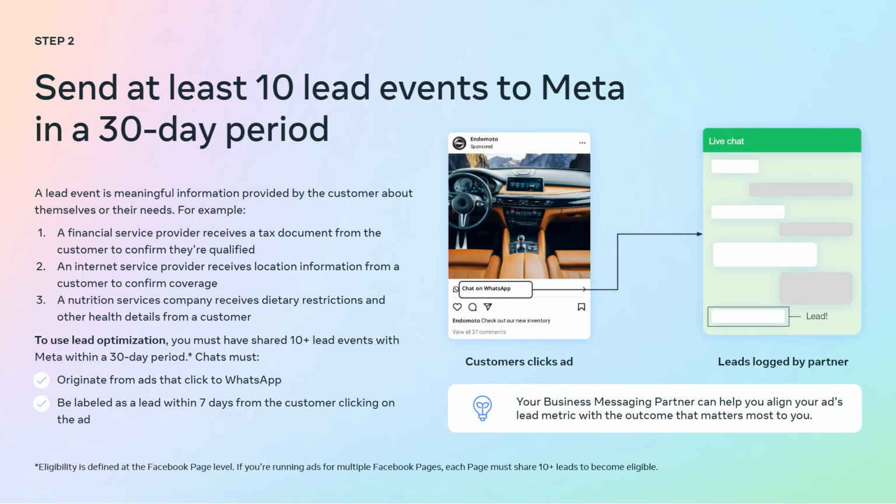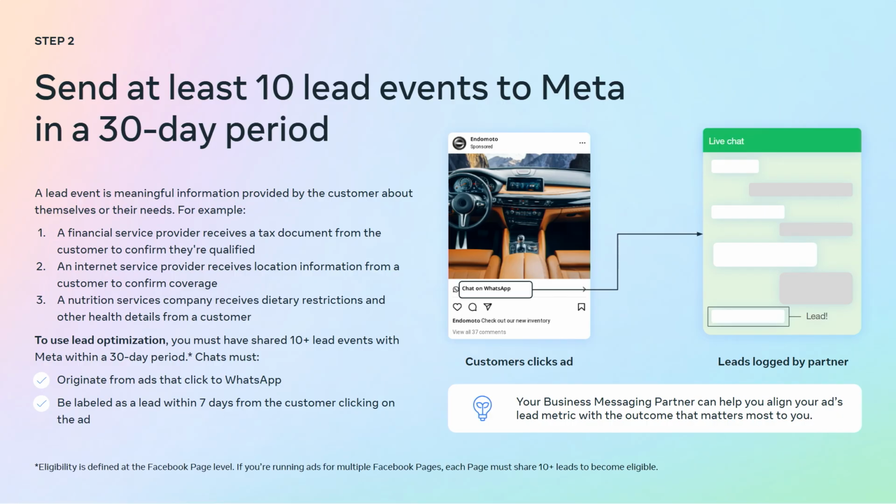While Click to Messenger and Click to Instagram Direct have similar requirements, their advantage is that events can also be automatically detected when a customer shares their contact information on these platforms. Click to WhatsApp, on the other hand, requires a more intentional way of capturing and forwarding signals.